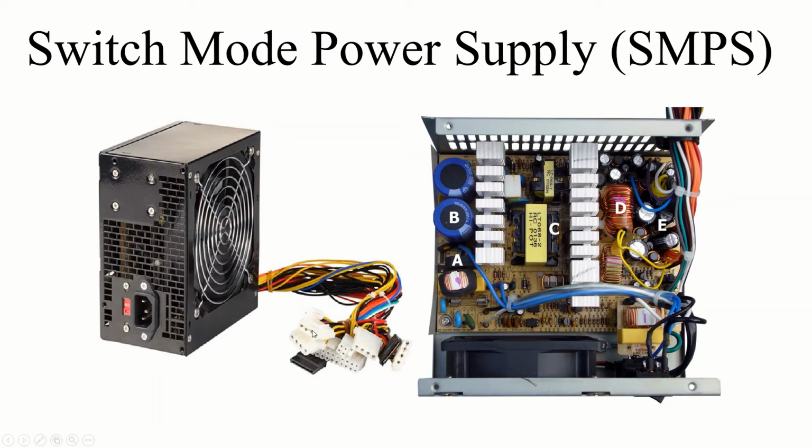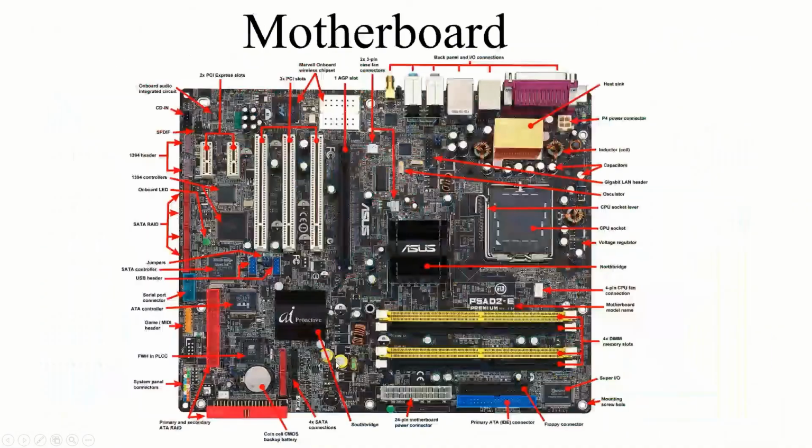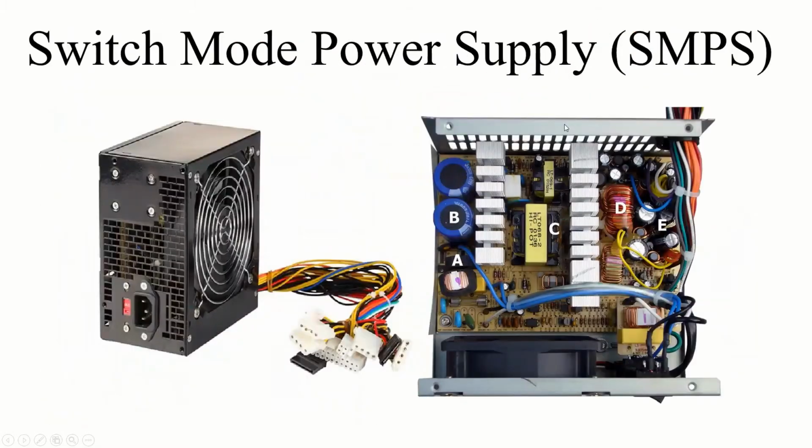These are Molex connectors. These are the SATA connectors. This is the ATX power supply, which I show here. This power supply will connect on this motherboard, and there is one source in the SMPS that we need to connect in this area. This one is the 4 pin, and this is the 24 pin.